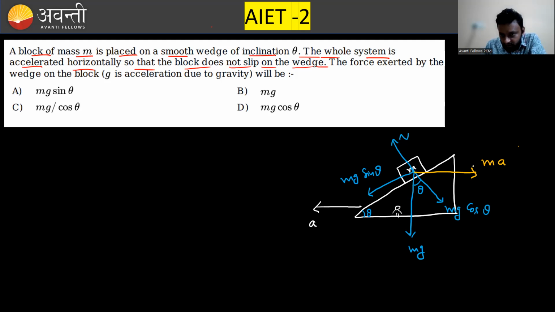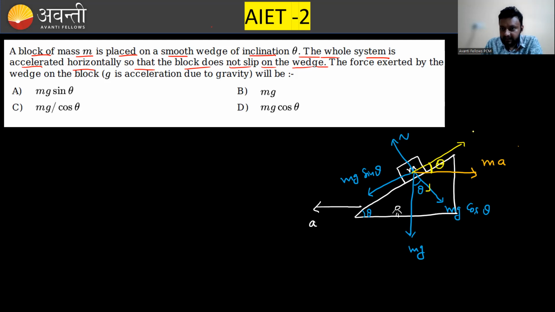If you again draw the components of this ma, one component will be along this line, and one component along this line. For that, you need to identify this angle. This is our y, this is our x. Now, y is tilted by theta, so x will also tilt by theta.